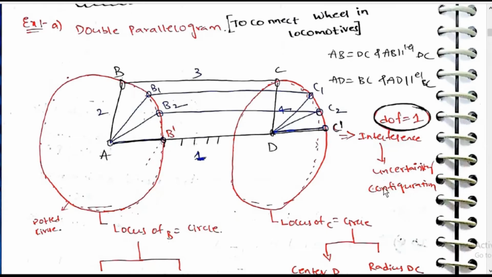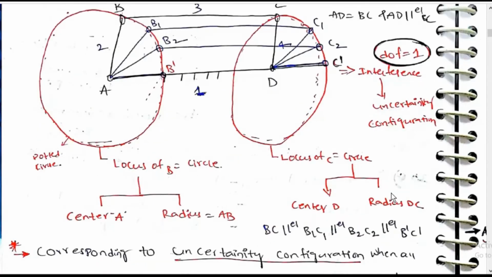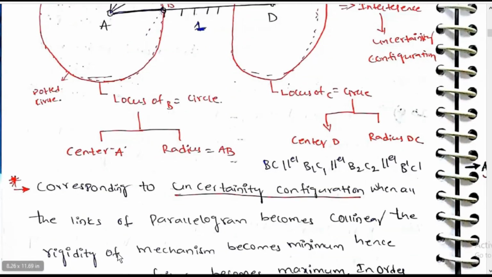Interference, uncertainty configuration. Locus of B is a circle, locus of C is a circle. Center A radius is equal to AB, center D radius CD. BC is parallel to B1C1, parallel to B2C2, parallel to B dash C dash.